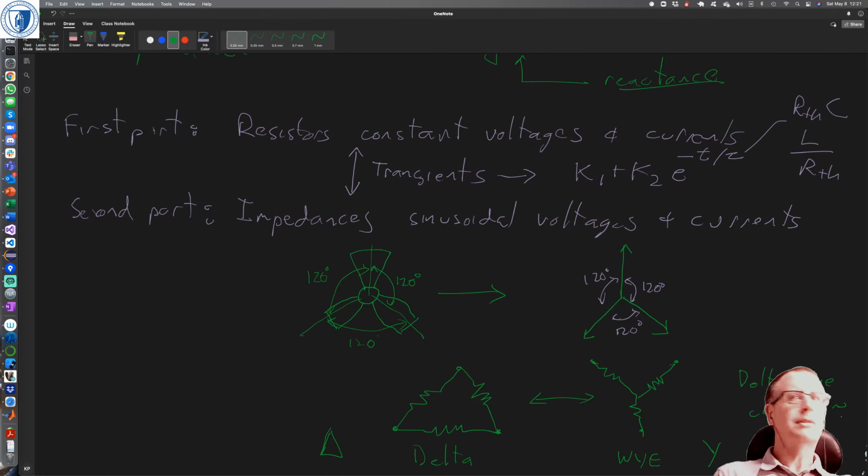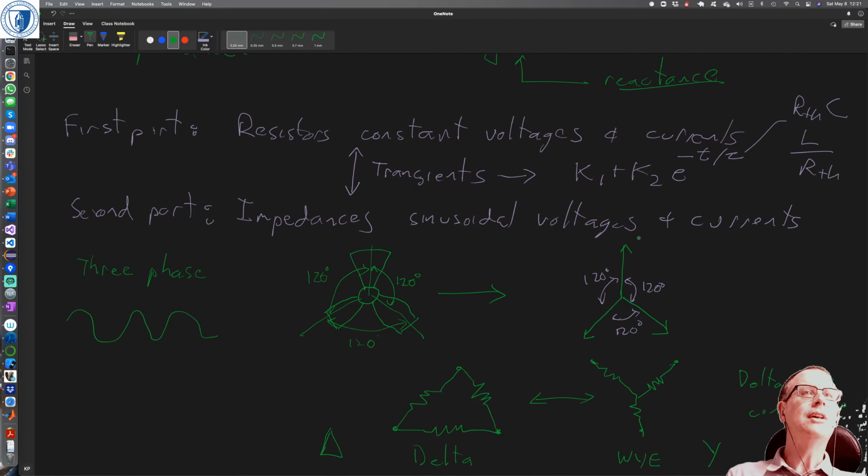Okay, so that's what three-phase is. It's to do with the power. And as somebody said, if you've got a sinusoidal signal, each of these phasors is a sinusoidal signal, or is representing a sinusoidal signal.